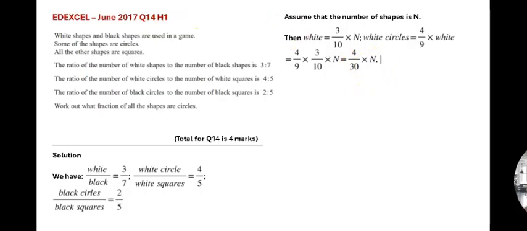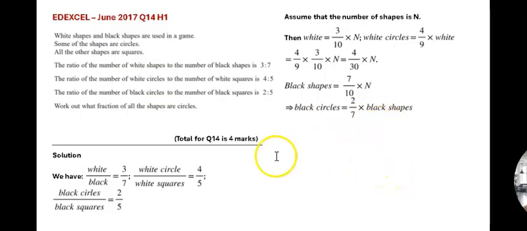Okay, now we're going to try to figure out the black circles. First, we know that black shapes are 7 out of 10 shapes.